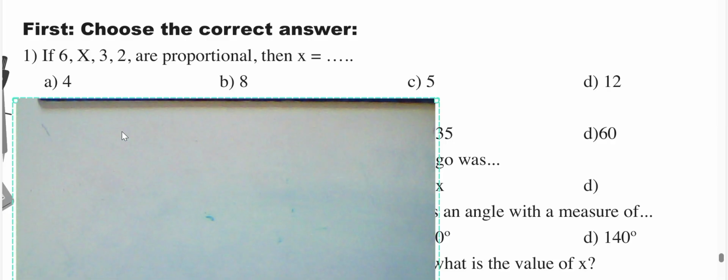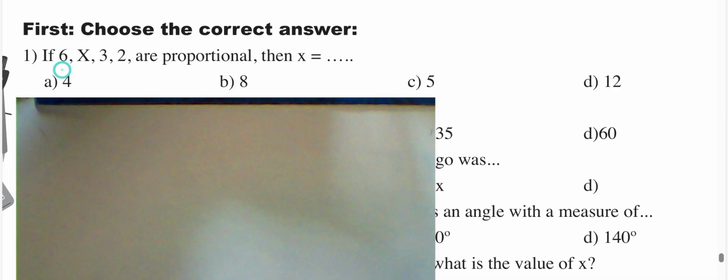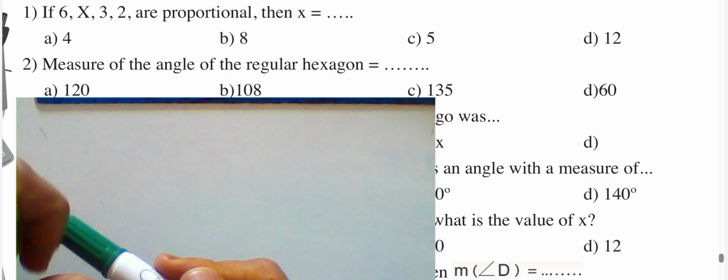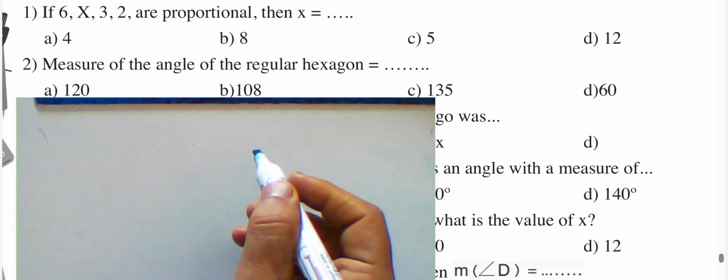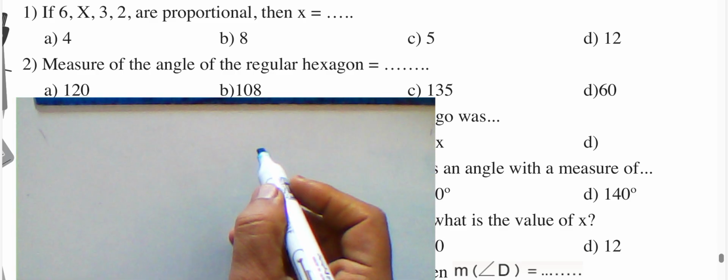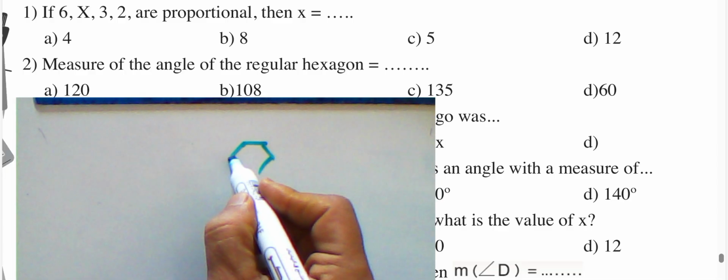Next question, number 2. The measure of the angle of the regular hexagon equals? A regular hexagon is a polygon that has 6 sides equal in length: 1, 2, 3, 4, 5, 6.